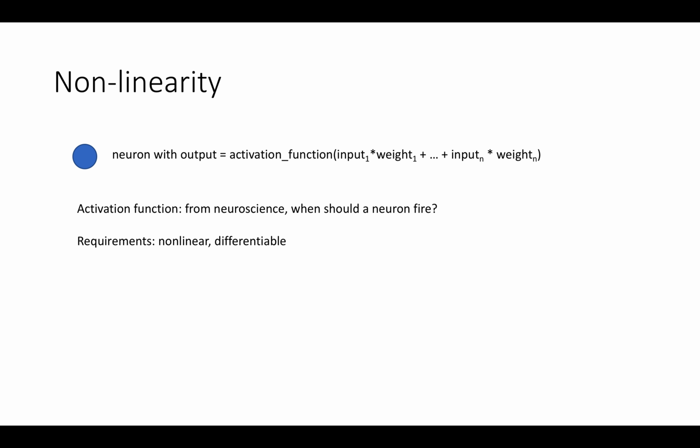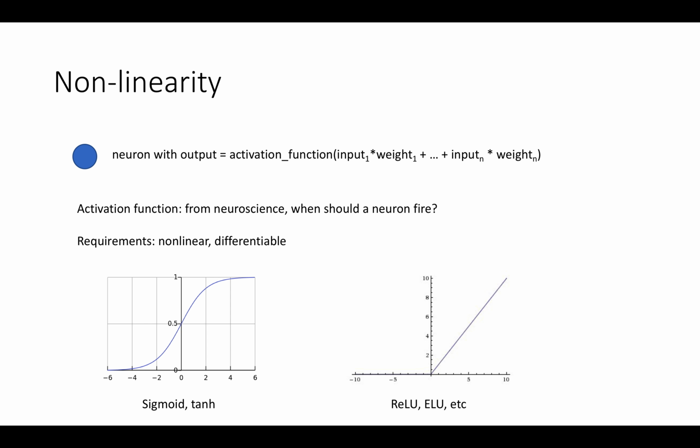And here for the neural networks, the main requirements for these functions are that they should be nonlinear, and they should also be differentiable, because remember that we have to compute the gradients as we backpropagate through the network. So with these two requirements, people have invented a lot of different activation functions, and new ones also get published every year. But the most popular ones come in two shapes.